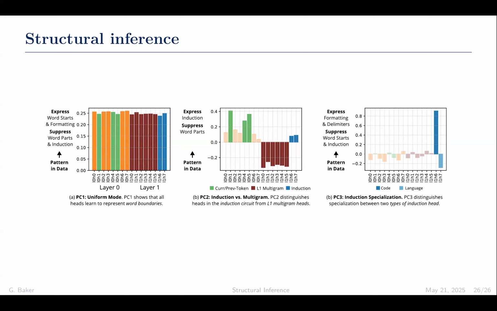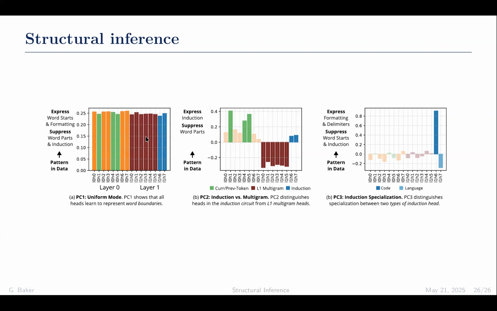Going back to the uniform mode, I didn't put the picture here. If you read the paper, you would possibly notice that different heads are highly correlated in terms of the susceptibility on different data points.